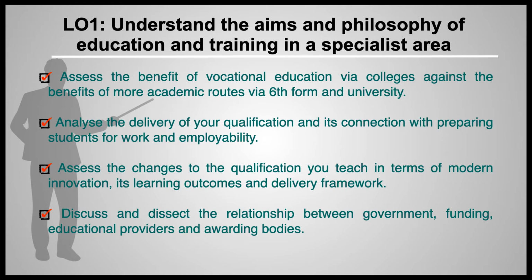You could also assess the changes to the qualification you teach in terms of innovation and the curriculum delivery framework. And lastly, you could also discuss the relationship between government, funding, educational providers and awarding bodies and how this impacts your specialist area.